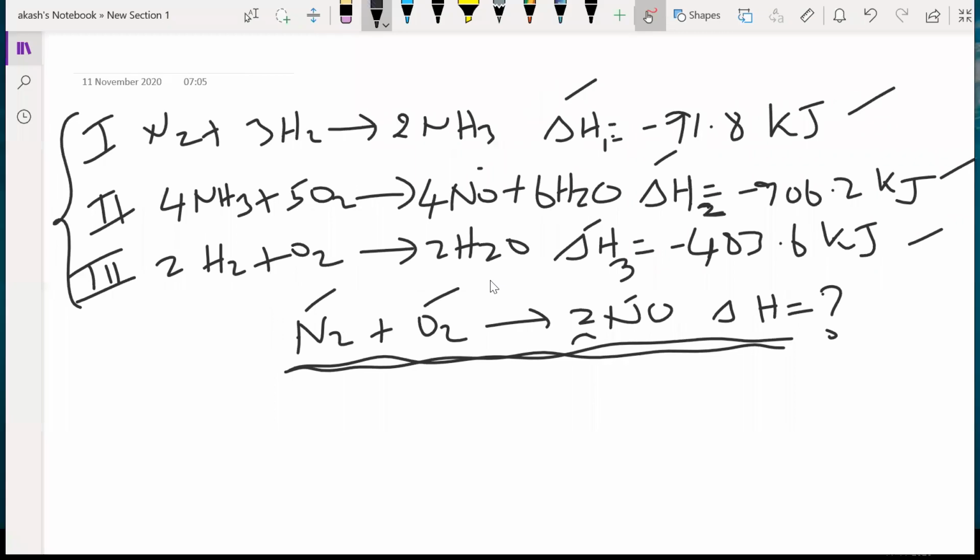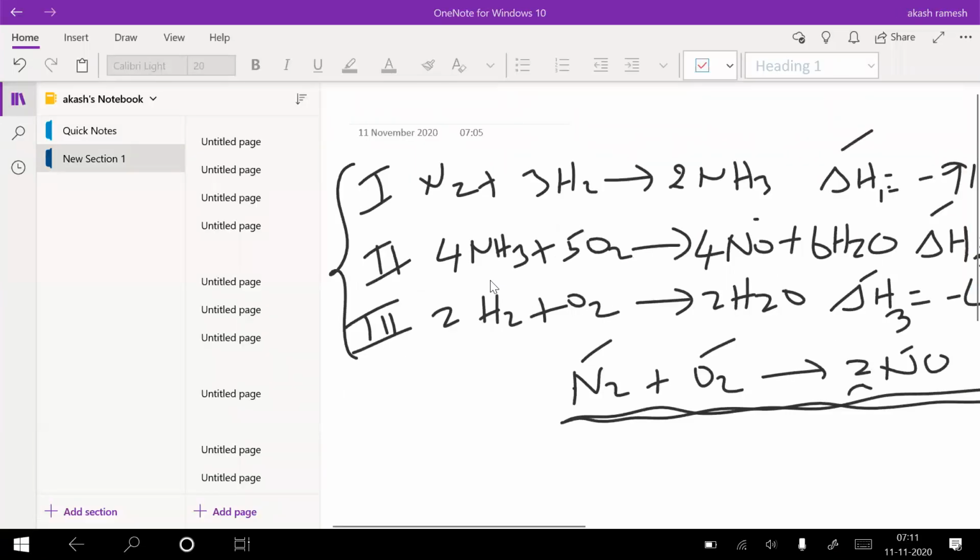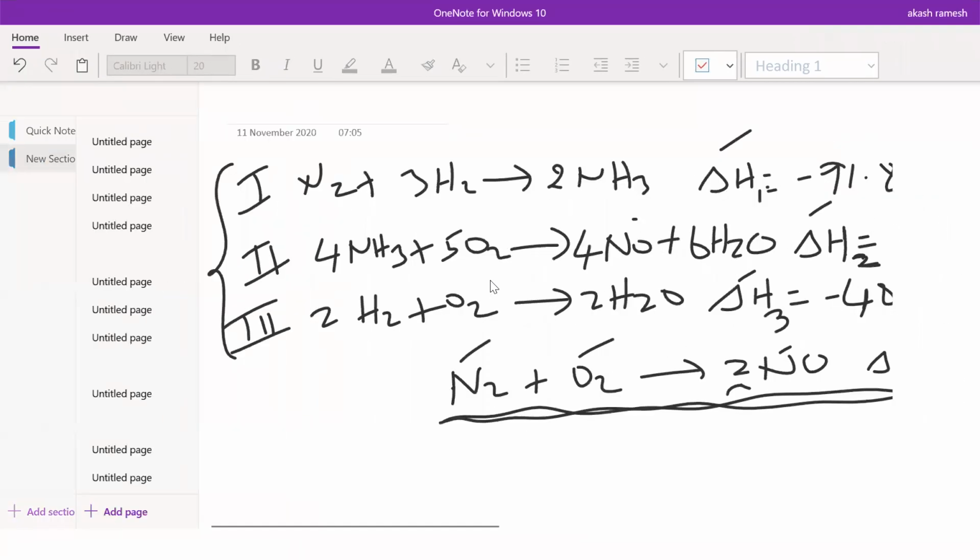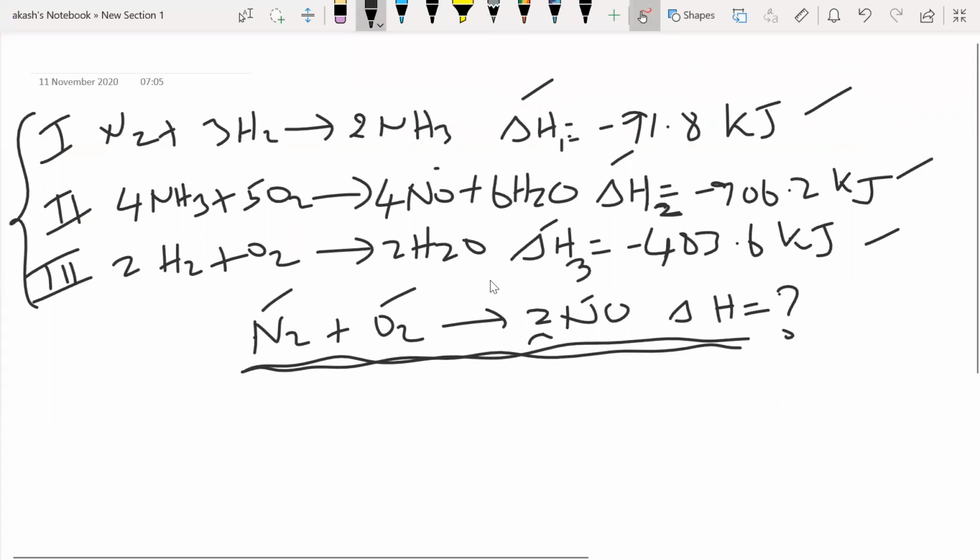Hope everyone is there. Hope everybody is doing it.